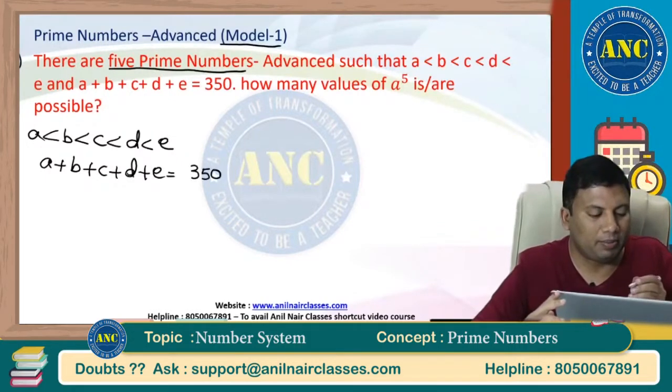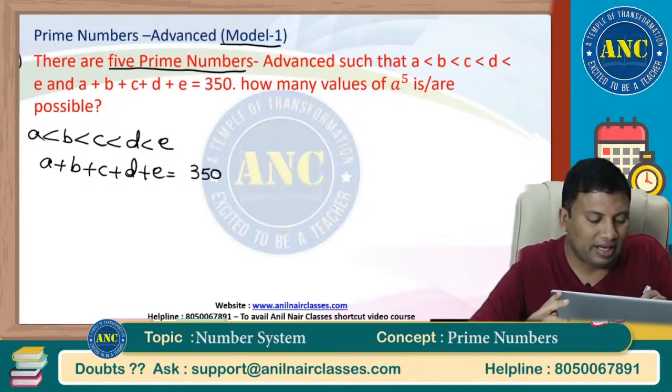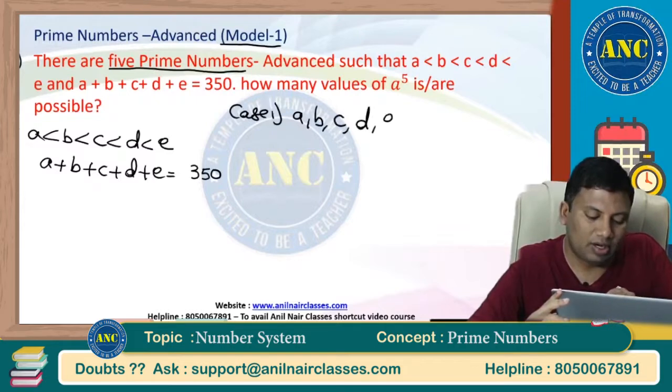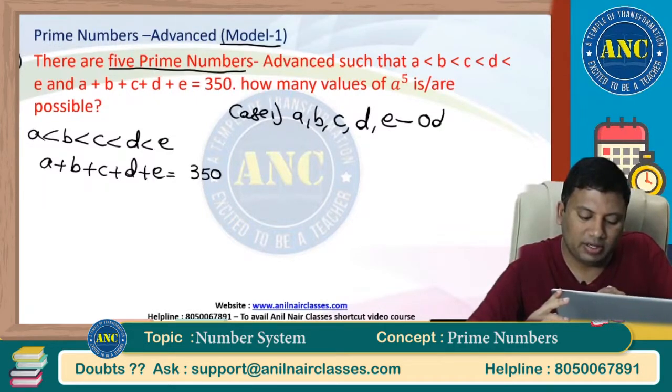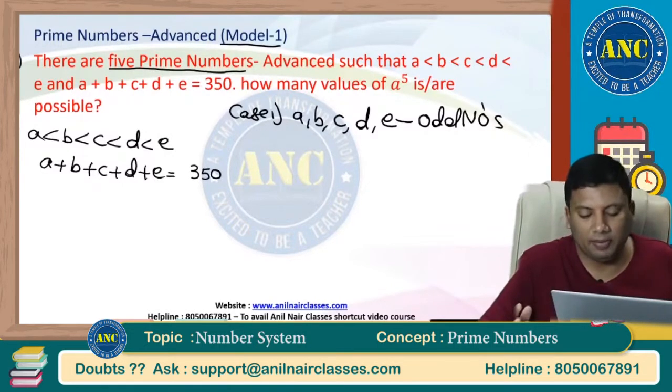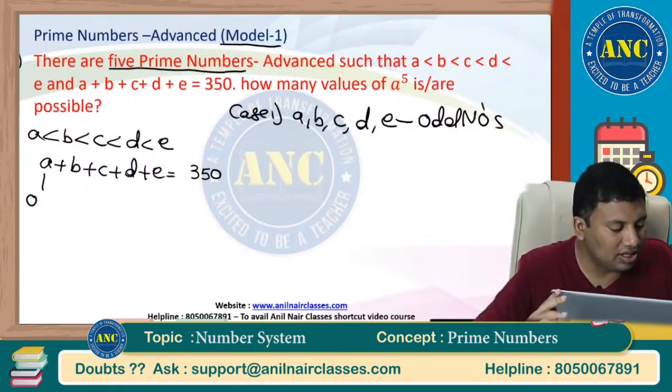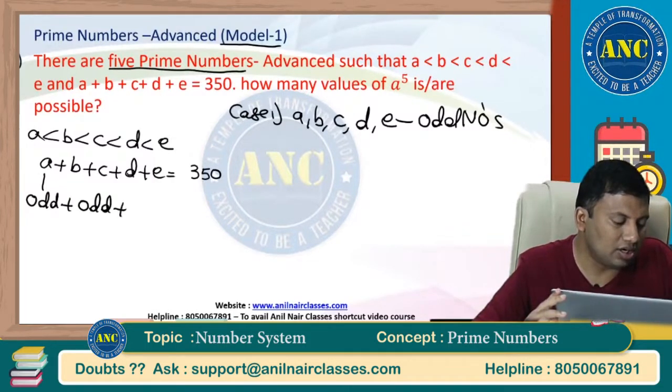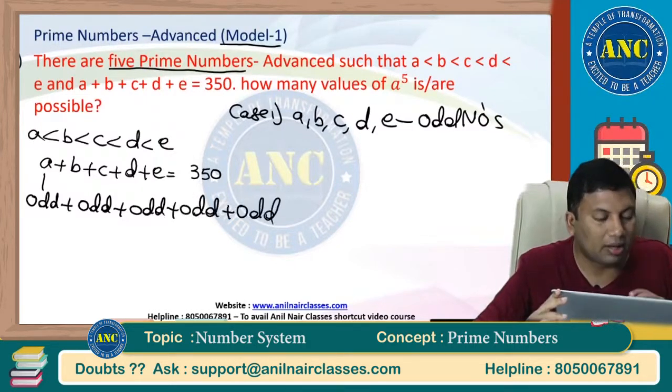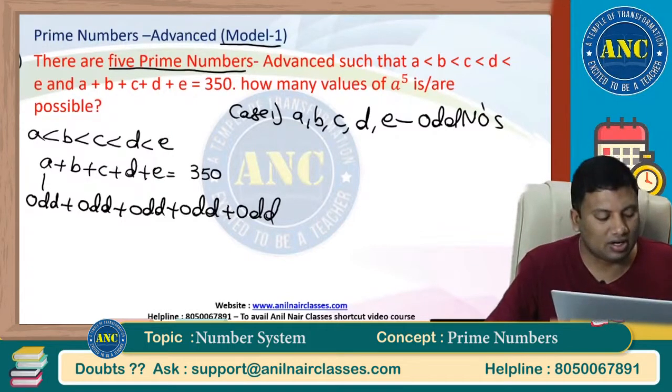Case number 1: if all of them are odd numbers, let me see what will happen. I am excluding the 2 case. If A, B, C, D, E are all odd numbers, an odd number of odd numbers always sums to an odd number.